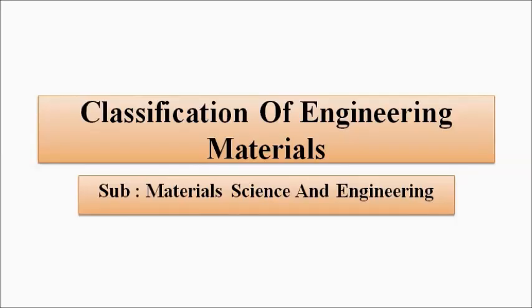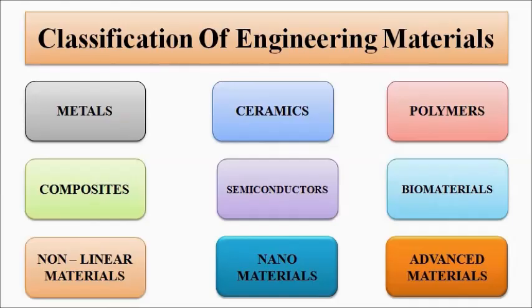Okay, so the engineering materials that are put into use in various applications, they can be divided into these broad categories. Okay, so whichever material you find around yourself, it belongs to one of these categories.